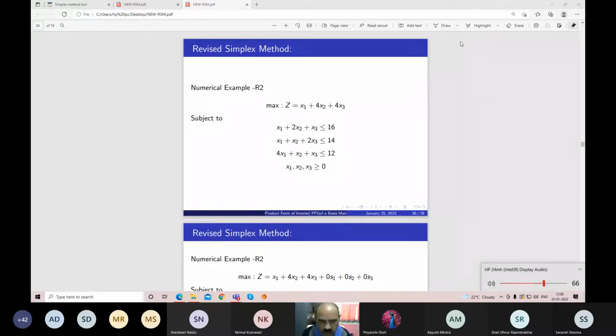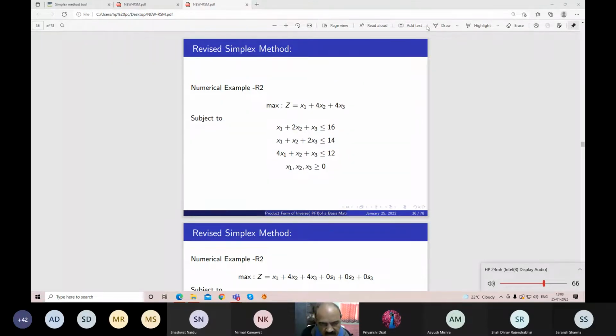What exactly are you going to do? There are 3 inequations. The right hand side values B1, B2, B3, presently 16, 14, 12, are non-negative. If they are non-negative, generally we use slack variables. We introduce three slack variables: S1 for the first inequation, S2 for the second, S3 for the third.